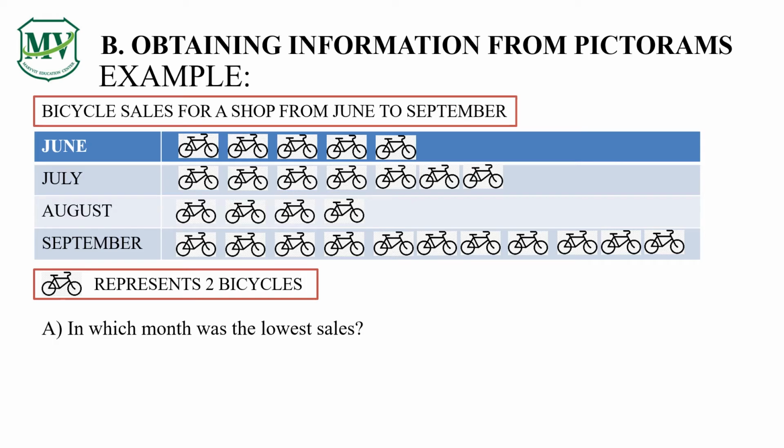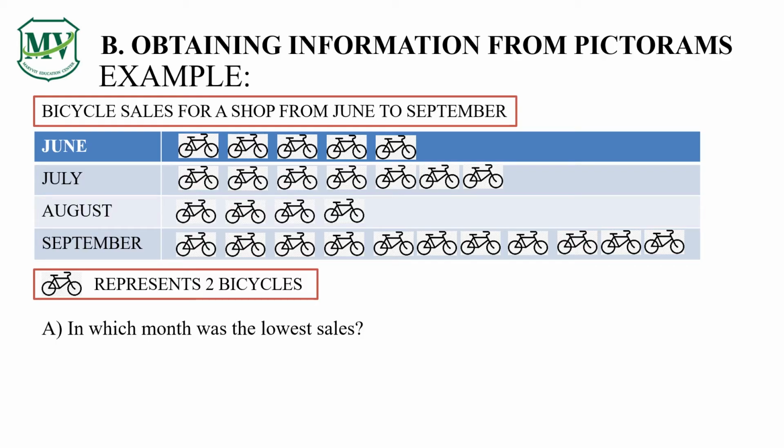Now, I'm going to teach you how to obtain information from pictograms. Example, this pictogram is the bicycle sales for a shop from June to September. And a picture of bicycle represents 2 bicycles. So let's answer this question. In which month was the lowest sales?